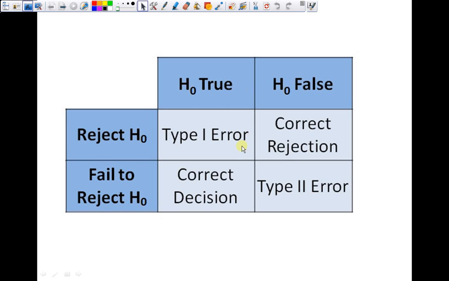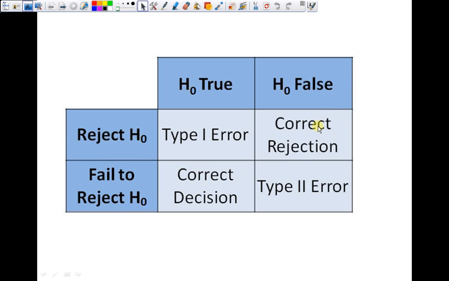Okay, so notice that this is the correct decision. If they're truly innocent and we fail to reject H0, in other words, if we reject H0, we're saying that they're guilty. We don't reject that, so we're basically thinking that they're innocent. So we got the right decision.